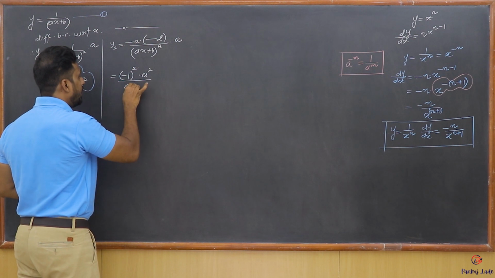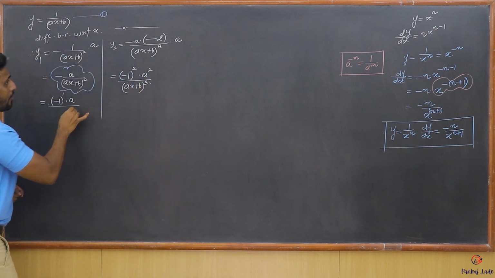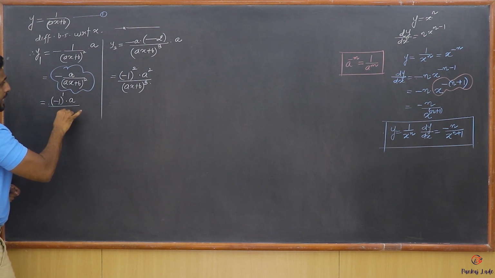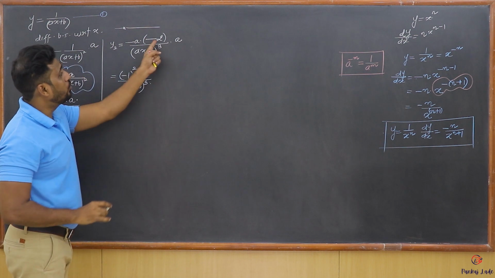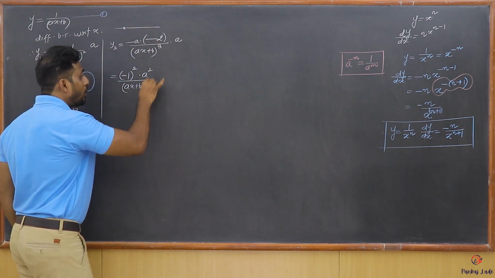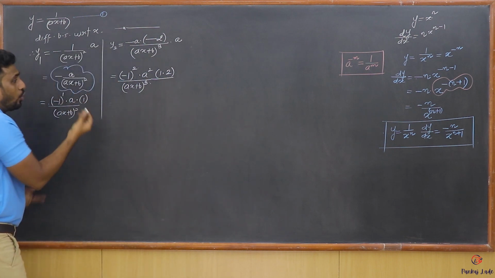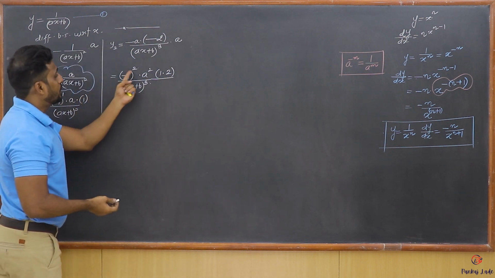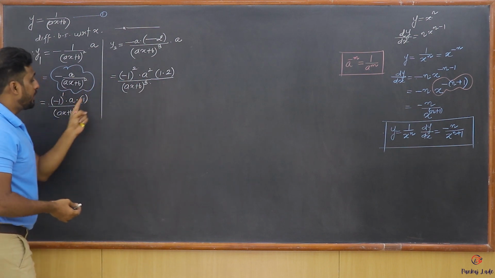So I write here ax plus b the whole cube, and here I've got ax plus b the whole square. And finally, students, observe there is a 2, isn't it? So is it okay to write it as 1 into 2? Here I'll write only 1. So minus 1 square, you get minus 1 raised to 1. Then a square, you have written a. Then 1 into 2, you have written here 1.